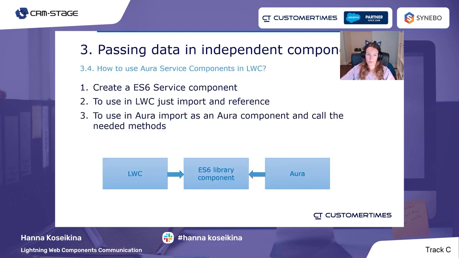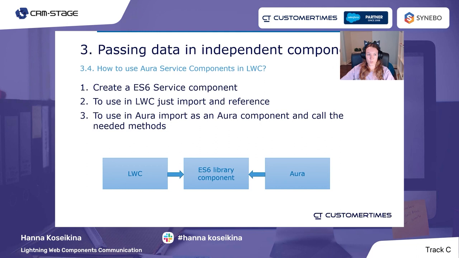And of course, talking about sending data between independent components, we cannot omit talking about Aura service components. How can we use it? We can create an ES6 service component, which is basically a JavaScript file with some methods that will then be used by LWC and Aura components.